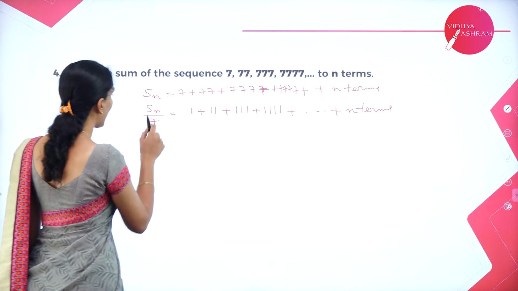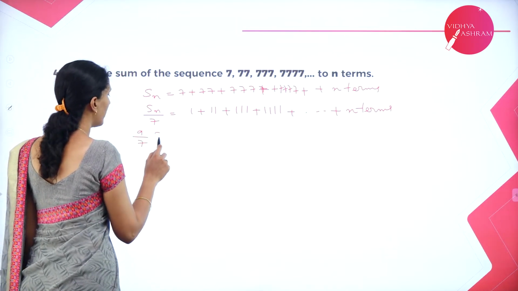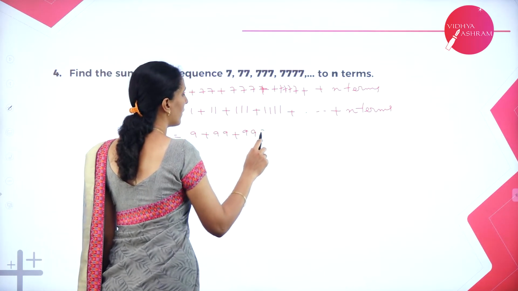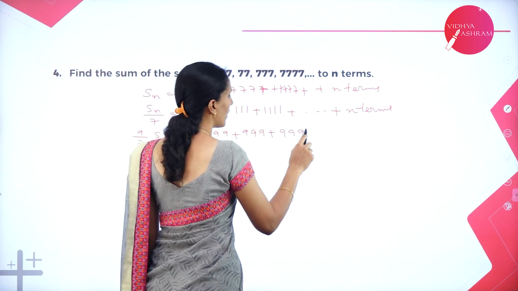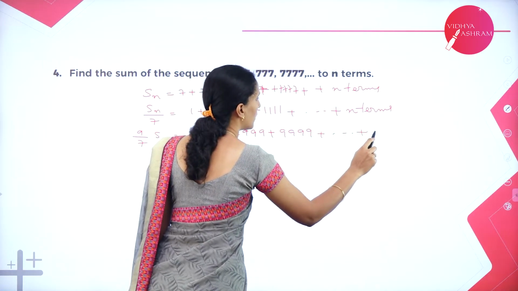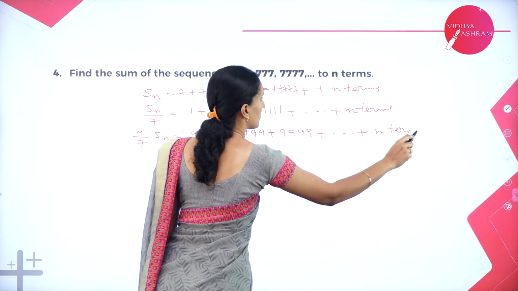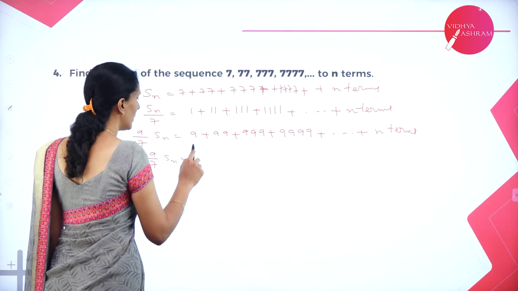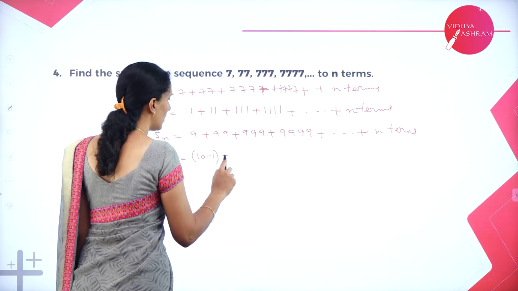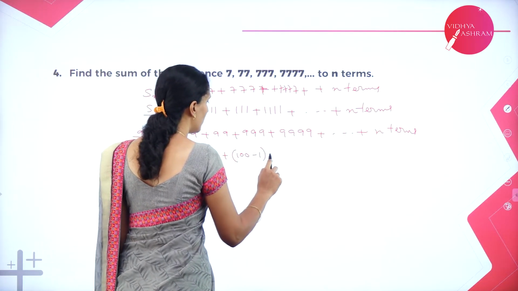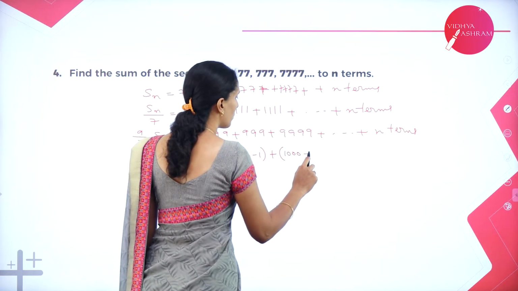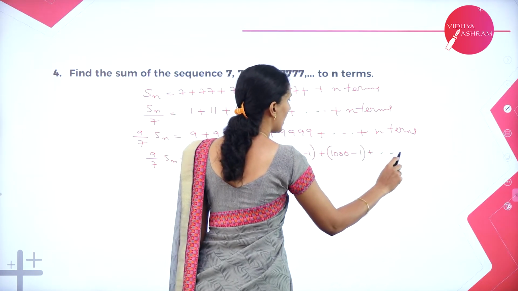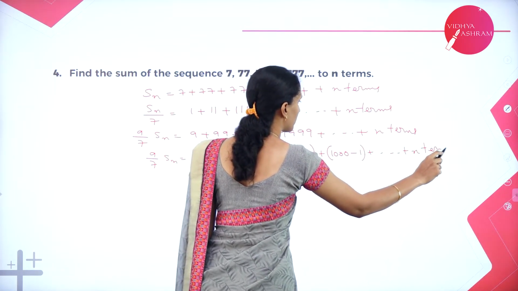So multiplying 9 to this, I'll get 9 by 7 into Sn is equal to 9 plus 99 plus 999 plus 9999 plus etc. up to n terms. So I have here 9 by 7 Sn is equal to, this can be written as 10 minus 1 plus 100 minus 1 plus 1000 minus 1 plus 10,000 minus 1 plus until n terms.